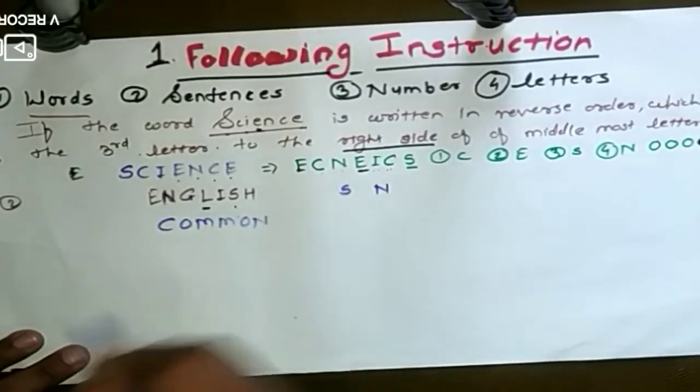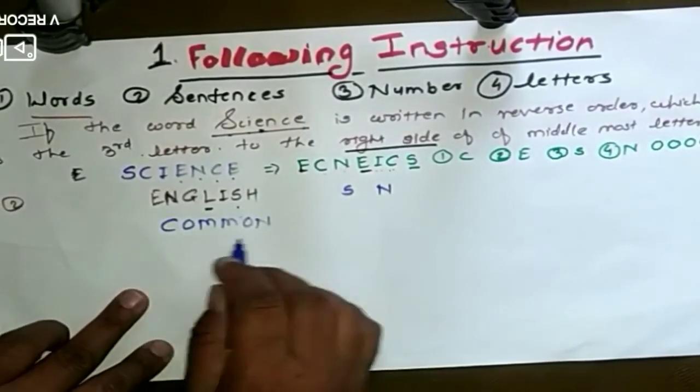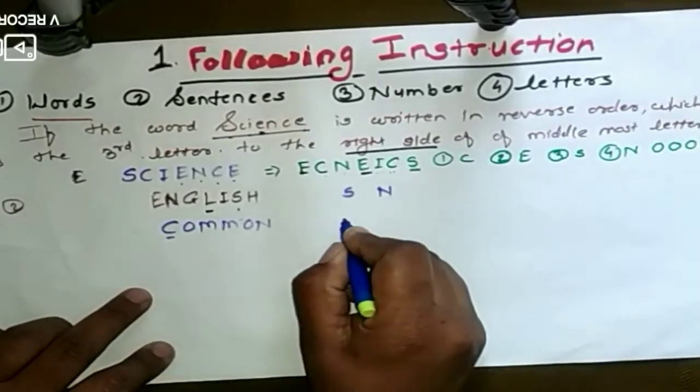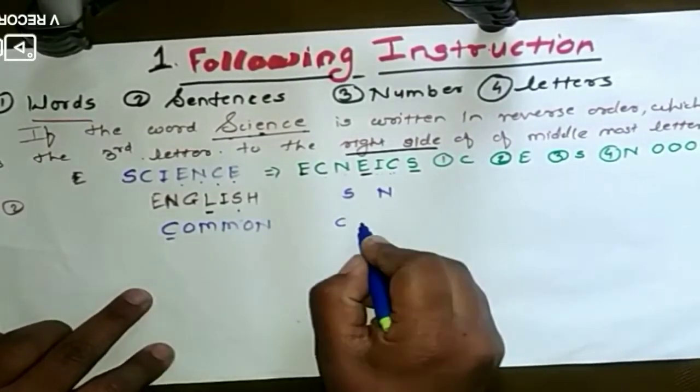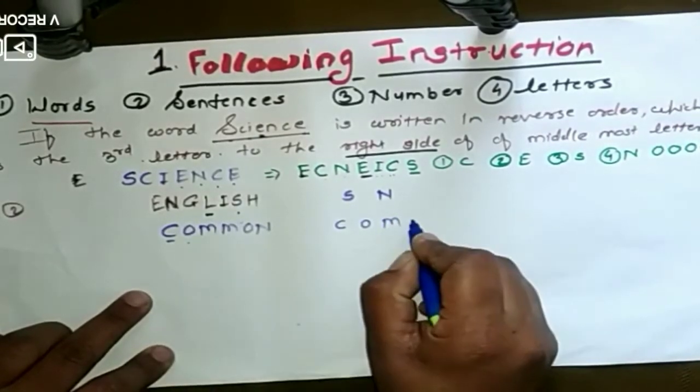If this question is there, they may ask you how many words are there in this. At that time you have to write here words. C is there, next O is there, M is there, and N is there.